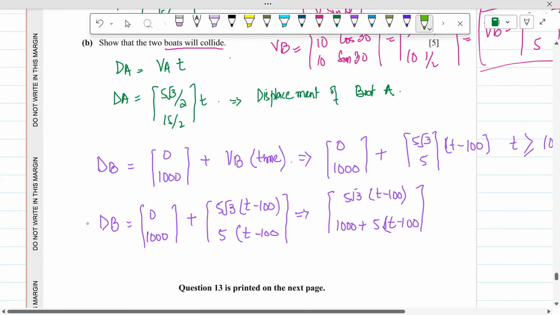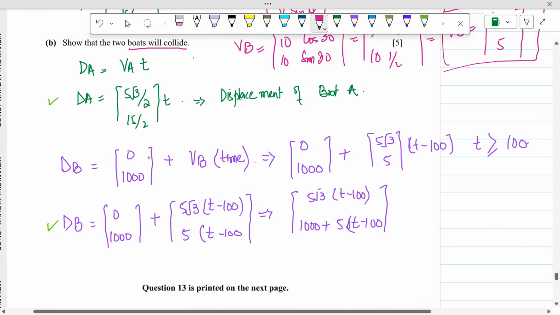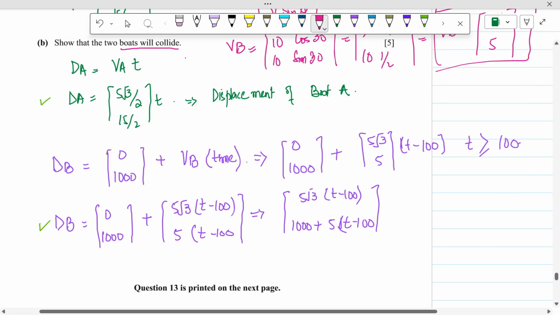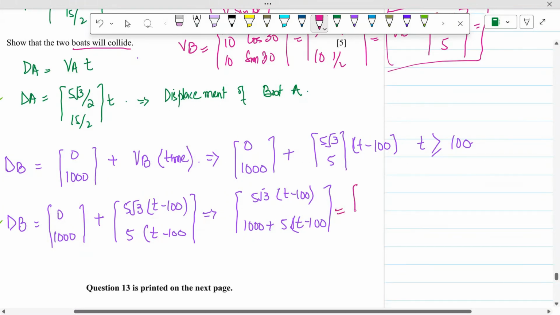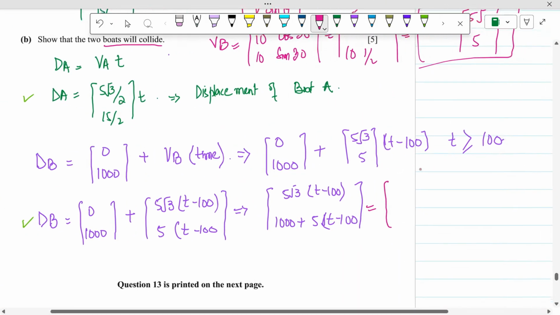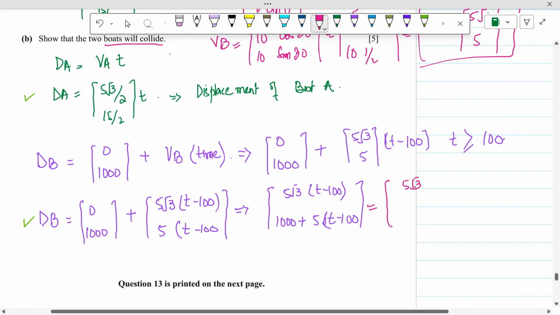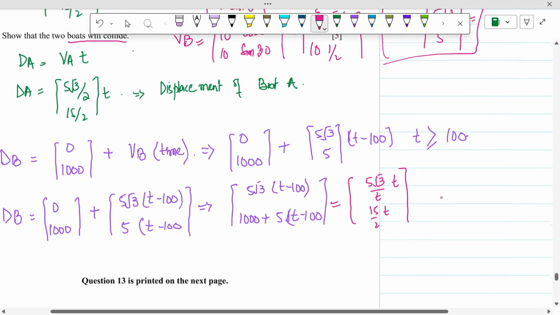Now we have the displacement of B and the displacement of A. At some point their displacements will be equal. So comparing the x and y components of both displacements, the displacement of A is 5√3/2 times t in x and 15/2 times t in y.